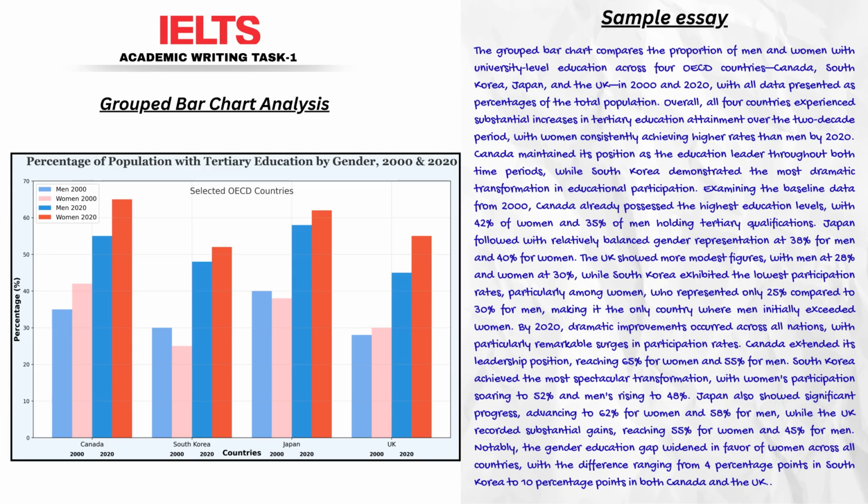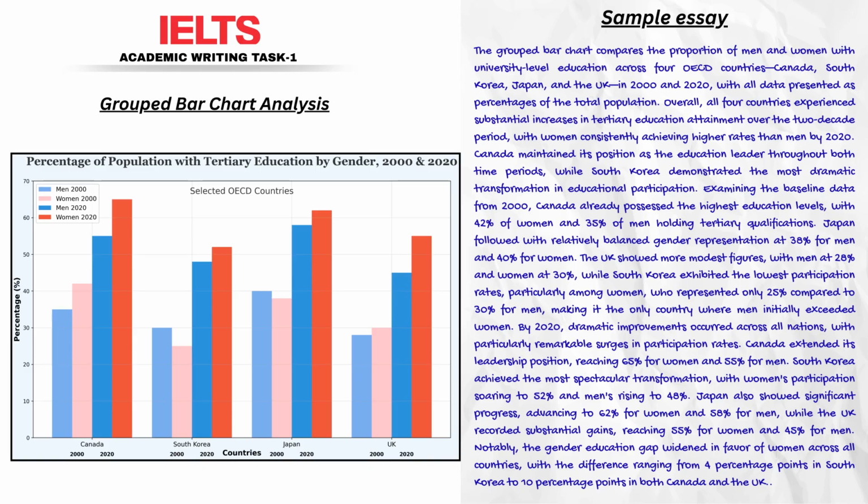Now, let's zoom in on the introduction. The chart is titled Percentage of Population with Tertiary Education by Gender, 2000 and 2020. A novice writer might just copy this. But look at our model answer. It says, the grouped bar chart compares the proportion of men and women with university-level education across 4 OECD countries in 2000 and 2020.